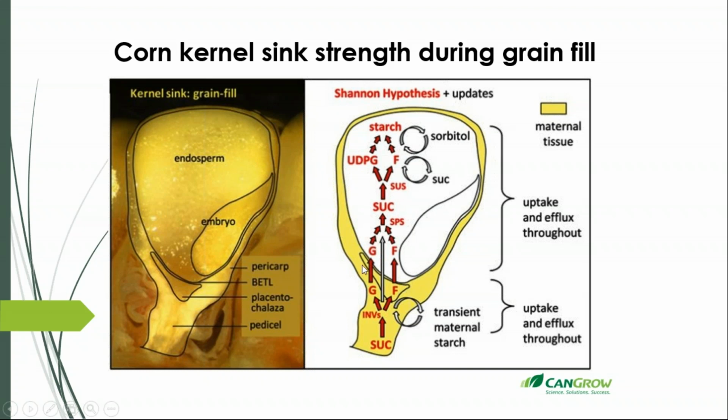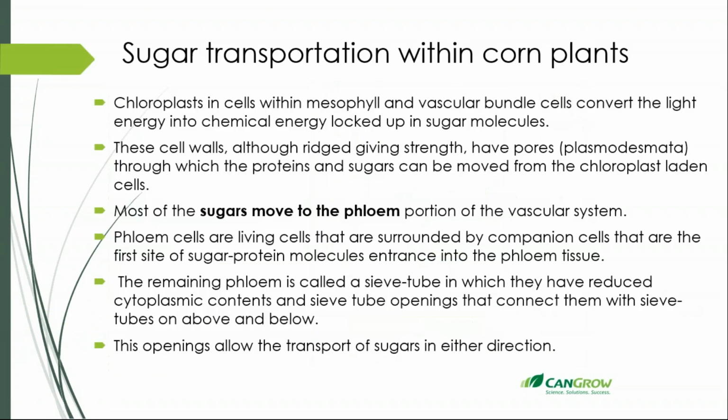There's a variation, and then you try to influence that variation, a lot of times through hormones and also through environmental influences. So this is the biology piece that we need to understand as we're trying to make an impact on this corn yield.